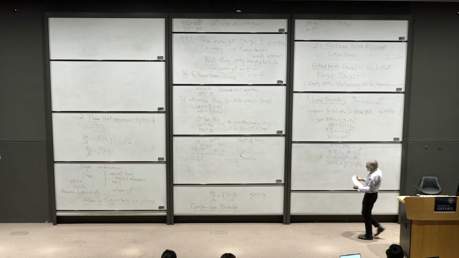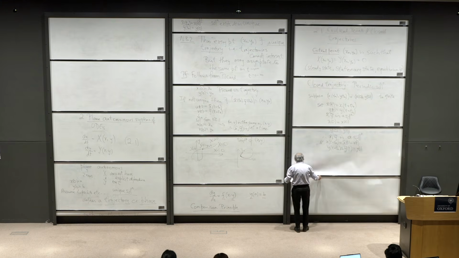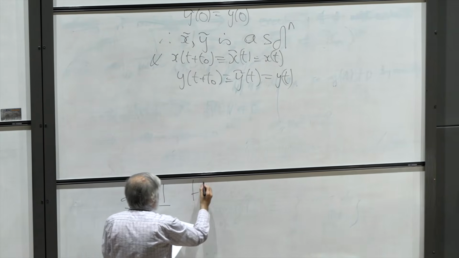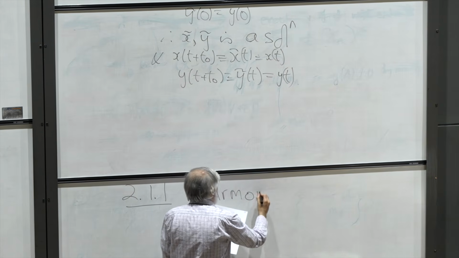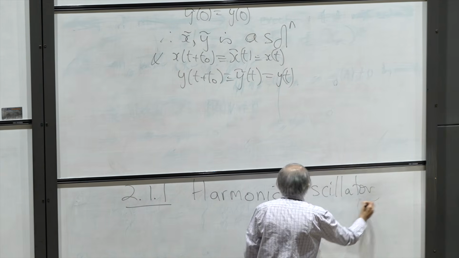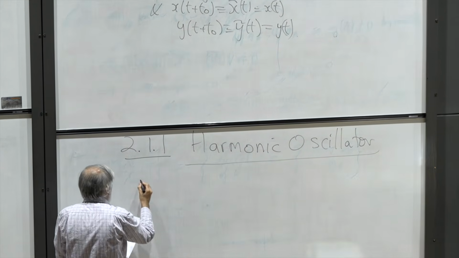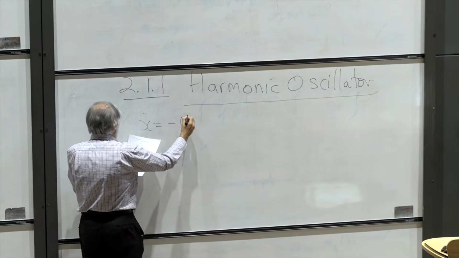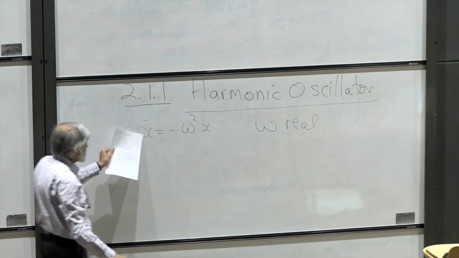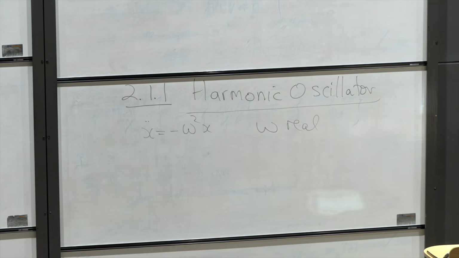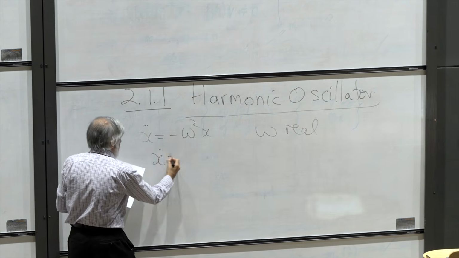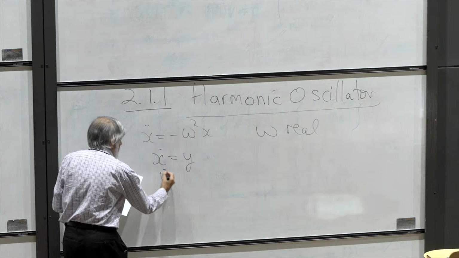So let's take a simple example, one that you may be familiar with, which is the harmonic oscillator. So this is x double dot equals minus omega squared x, where omega is real. So you should have come across this before. Simple harmonic motion. So if we set this as x dot equals y, then what's y dot?